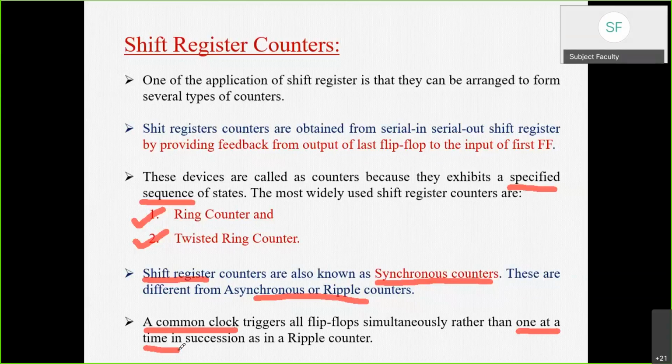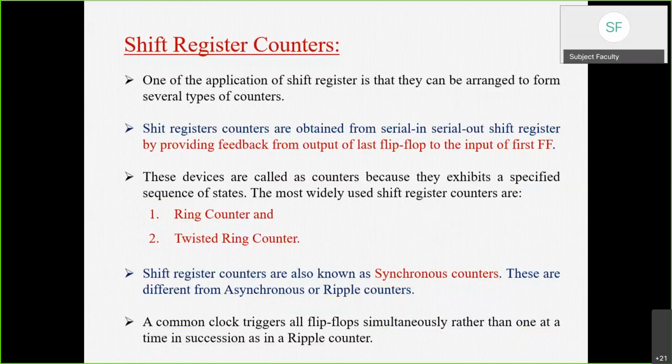But here it is different. In a synchronous counter, a common clock is given to all the flip-flops and it is applied simultaneously. These are the points regarding synchronous and asynchronous counters.